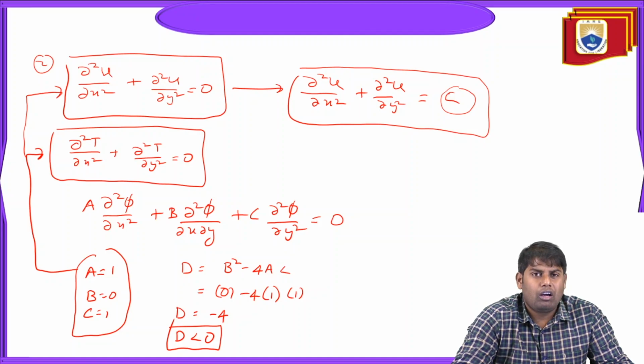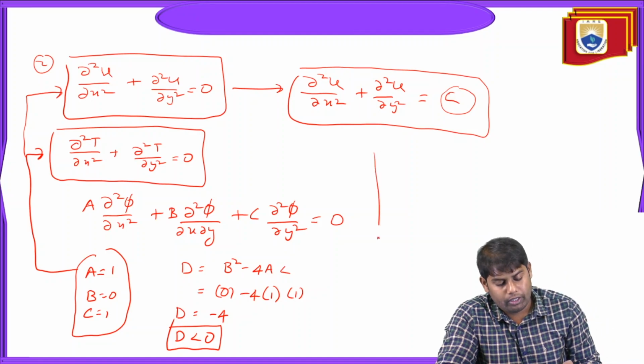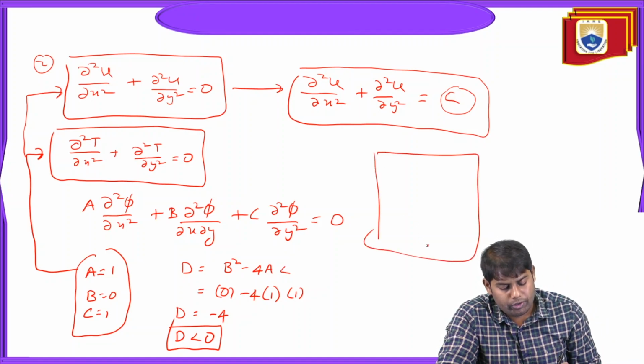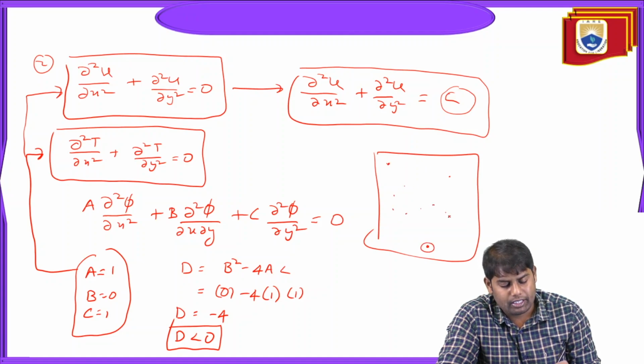So in the elliptic case, we have discussed that the roots are imaginary. When the roots are imaginary, we have the propagation of information throughout the domain with a complex nature. The speed of sound is very high, and whatever domain you take, when you introduce any disturbance at this point, all points get affected.